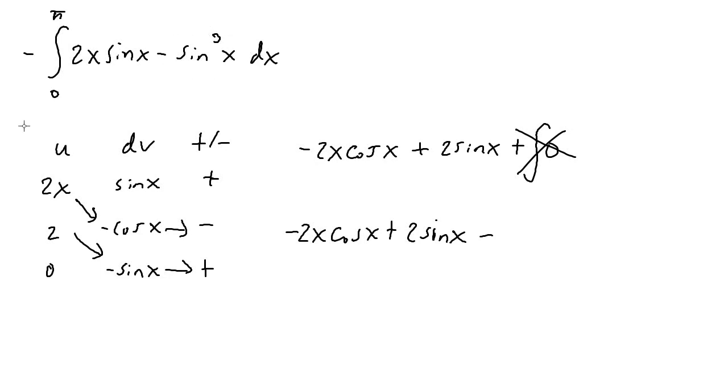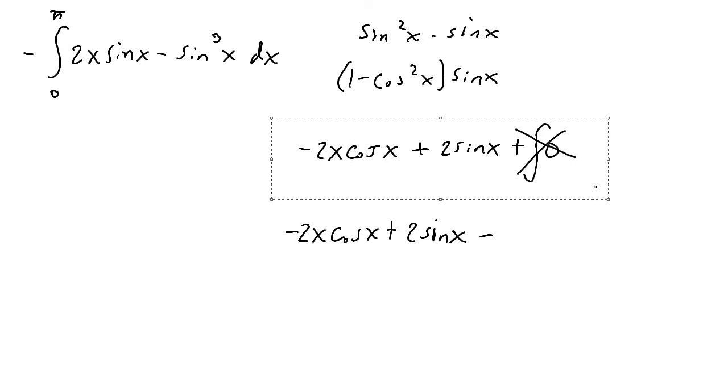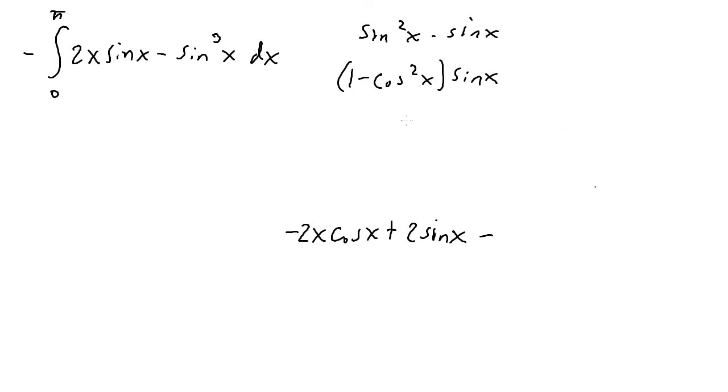Now before I integrate that, I'm actually going to go ahead and rewrite sine cubed as sine squared of x times sine of x. Because now I can rewrite sine squared as 1 minus cosine squared of x times sine of x. And then when I distribute over the sine, we'll get sine of x minus sine of x times cosine squared of x.